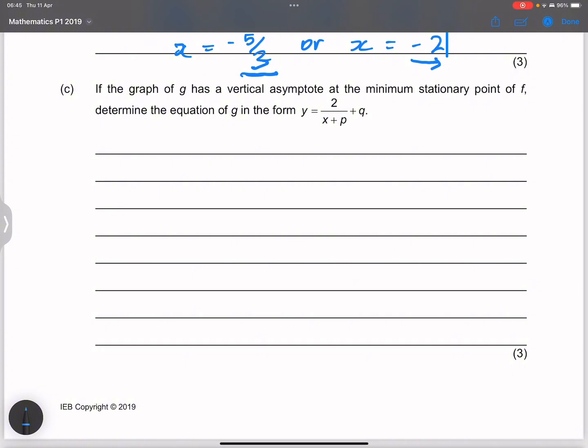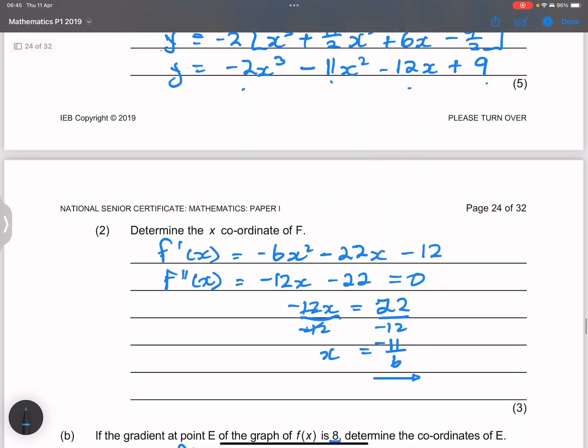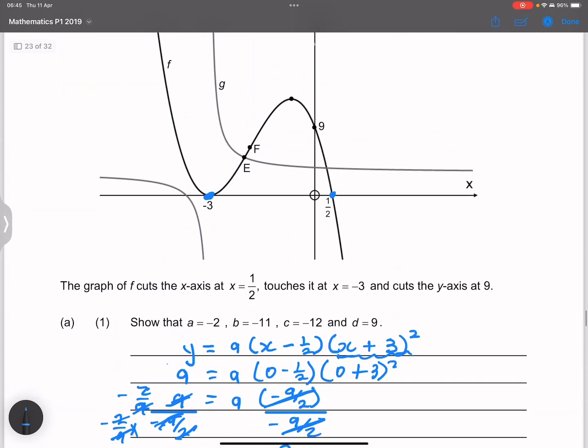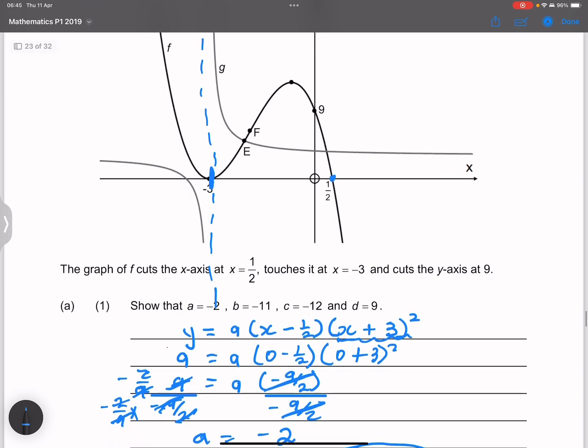So what was the other x-intercept? So remember, when we talk about the stationary point in this case, we are talking about this x-intercept. So they're saying to us the vertical asymptote would be here. So that's at minus 3.